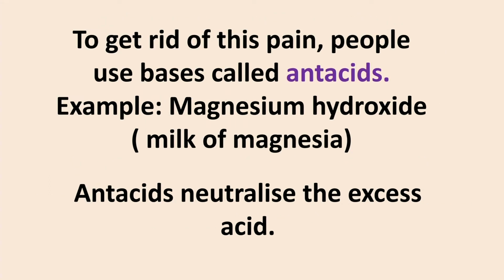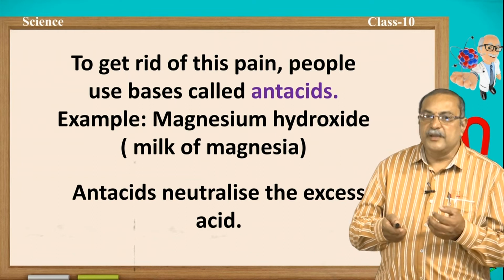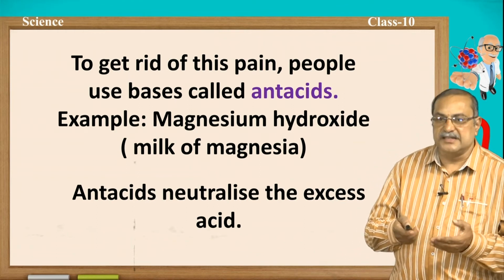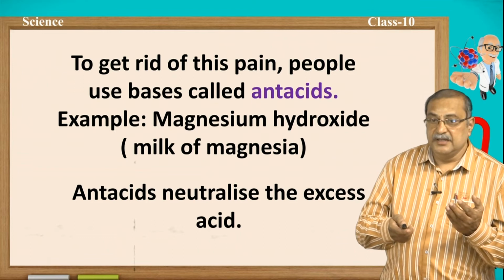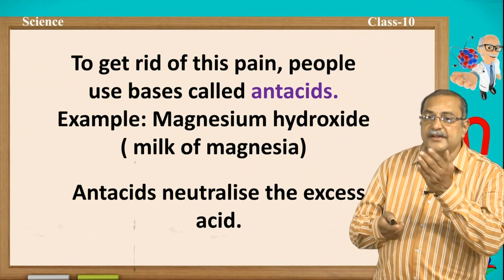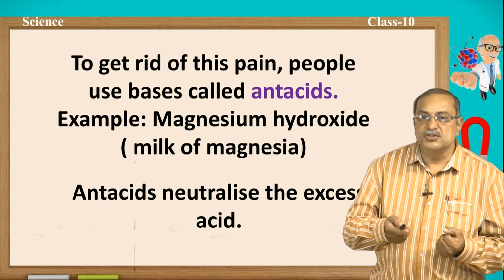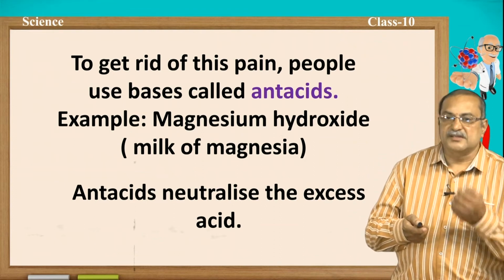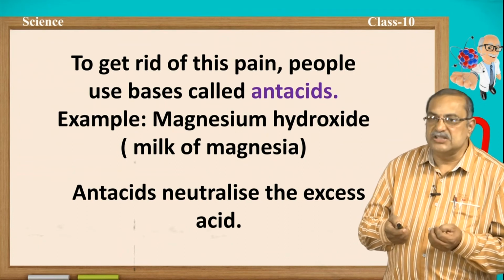To get rid of this pain, people use bases called antacids. For example, magnesium hydroxide, Mg(OH)2, is used to relieve the pain. It is also commonly known as milk of magnesia.